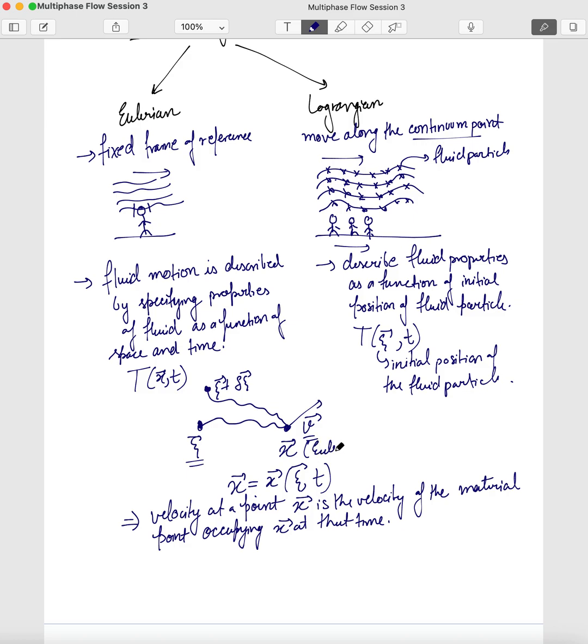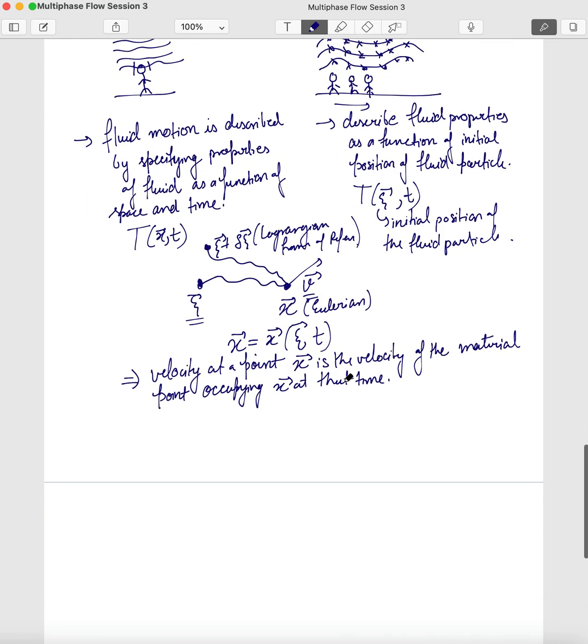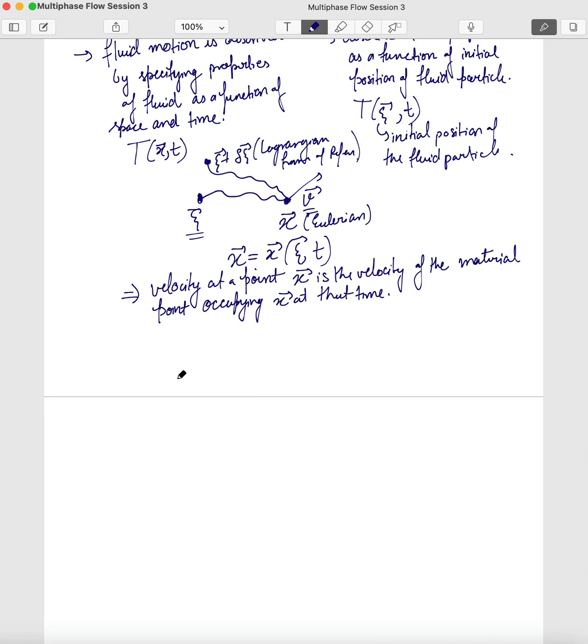Eulerian frame of reference, and you are tracking the particle from here to here or here to here, that is Lagrangian frame of reference. Okay, so basically let's find out the relation between the Eulerian and the material coordinate.